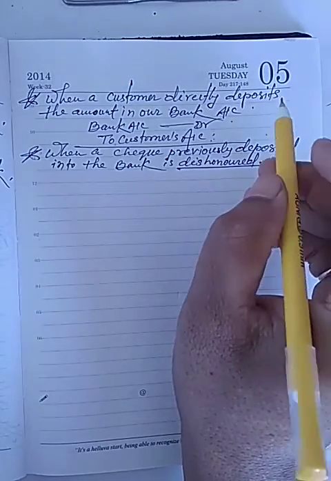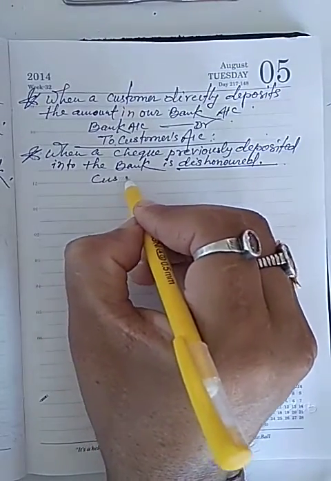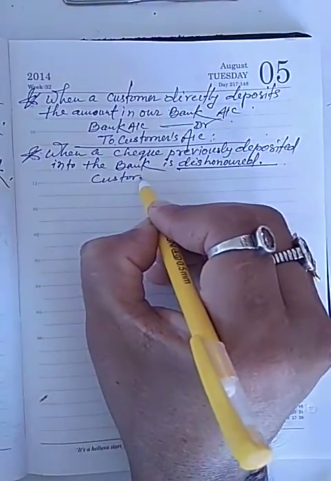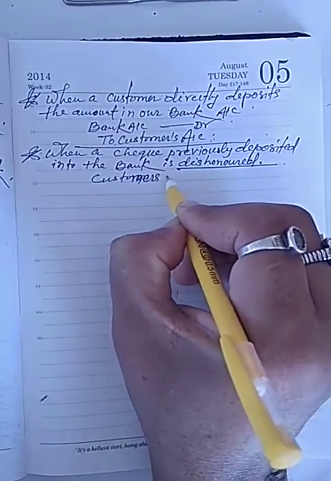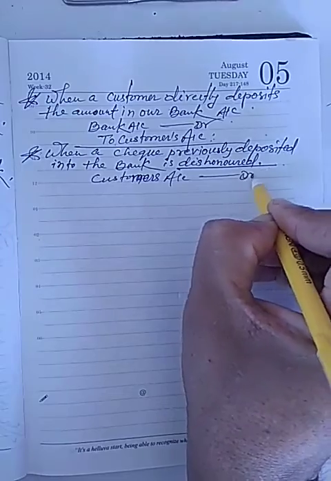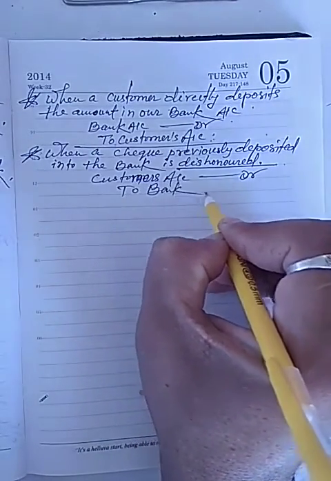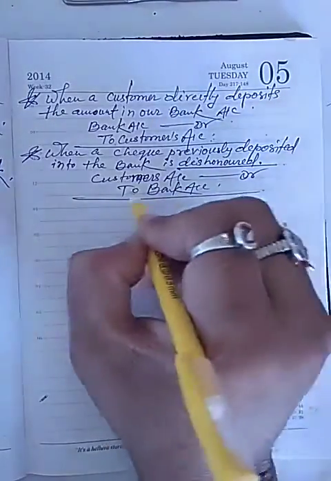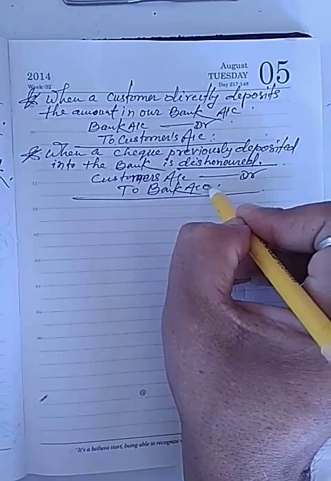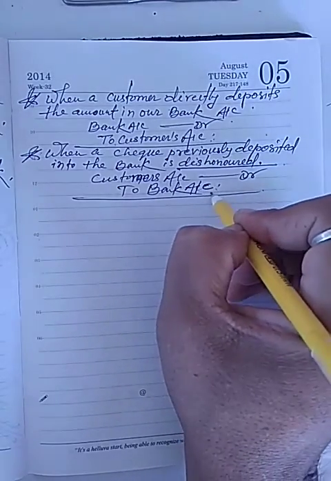In this case, customer's account will be debit to bank account because cash is deducting from my bank account.